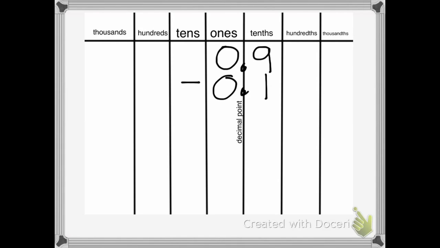Again, you'll notice as I'm subtracting on the place value chart, I've got my decimal points lined up. And I would just go ahead and subtract like I always would. 9 minus 1 is 8. Decimal point minus decimal point, I'm going to leave my decimal point right there. It stays in that line. 0 minus 0 is 0. Simple as that. 9/10 minus 1/10 is 8/10.